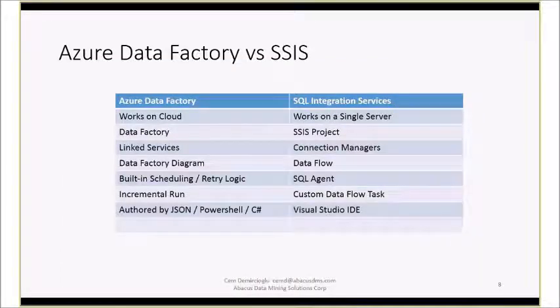Now, go back to the comparison. If I continue to do the comparison and go a little bit deeper into the architecture, these are differences. Azure Data Factory works on the cloud. In other words, you don't have a physical server running on your on-premise facilities. You have it as a service, and Microsoft takes care of it for you. On the other hand, Integration Services is a single box solution.